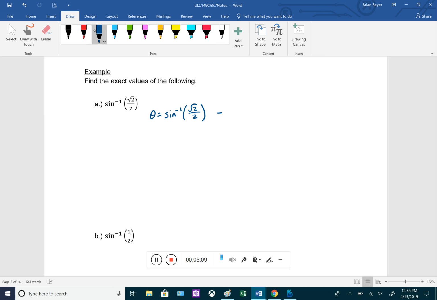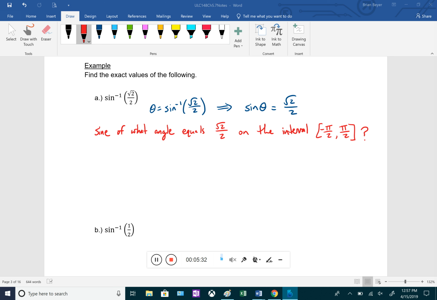So what this means in terms of sine is that sine of theta equals radical 2 over 2. We're still looking for theta here. So what this now means is sine of what equals radical 2 over 2 on the interval negative pi over 2 to pi over 2?